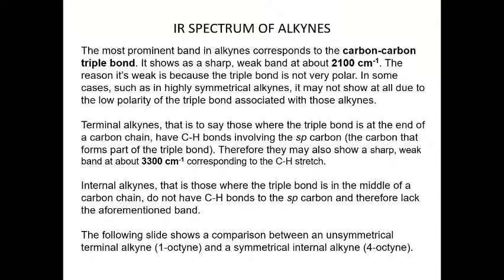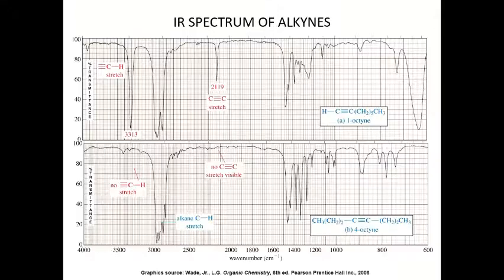Now we are going to see a comparison between a non-symmetrical terminal alkyne, 1-octyne, and a symmetrical internal alkyne, 4-octyne. As you can see here, this stretch in the terminal alkyne will show this stretch line, and over here you cannot see it, right?